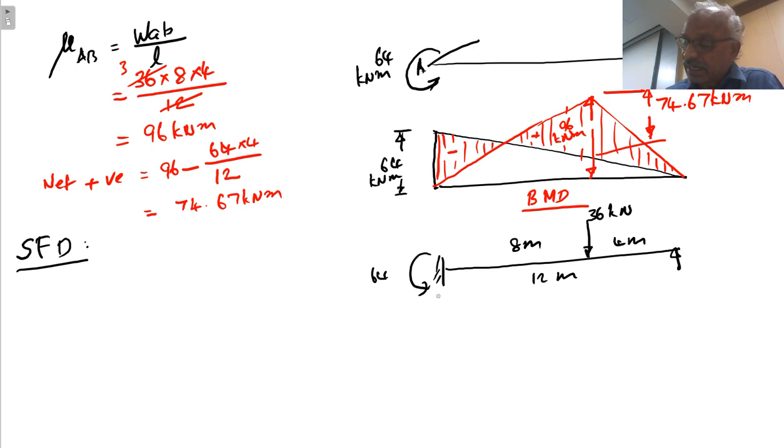Now taking moments about B. Let us say this is RA, this is RB. By taking moment about B, RA into 12 minus 36 into 4.